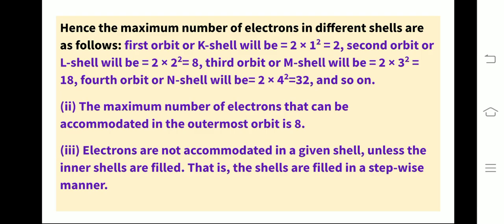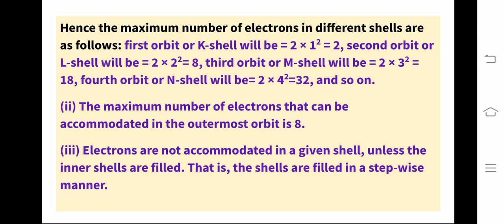So we can calculate the maximum number of electrons in different shells. If we talk about the first orbit, also represented as K shell, then the formula will become 2 into 1 square, because in this case n is 1, so it becomes 2. That means in K shell there can be a maximum of 2 electrons.